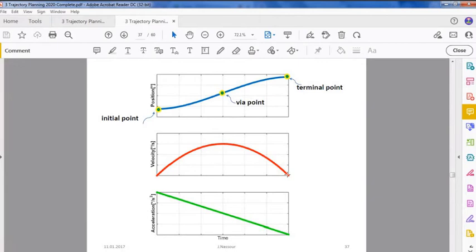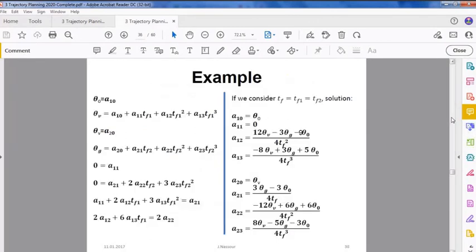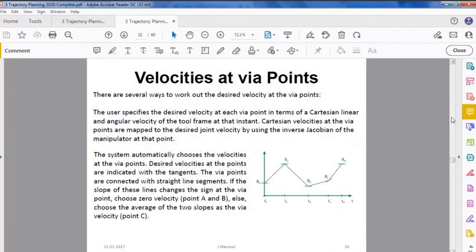And then your position, this is your angle, your position of your robotic arm, from 0 degree, maybe 10 degree to 90 degree position. And this is your velocity characteristic, and this is your acceleration characteristic. This is your via point.